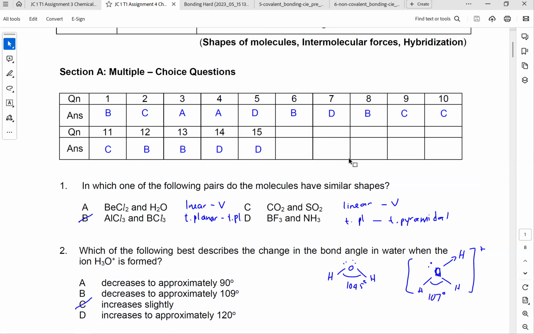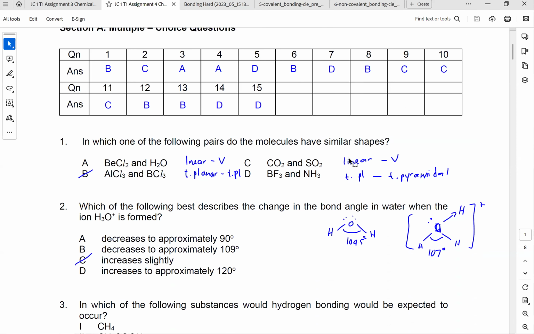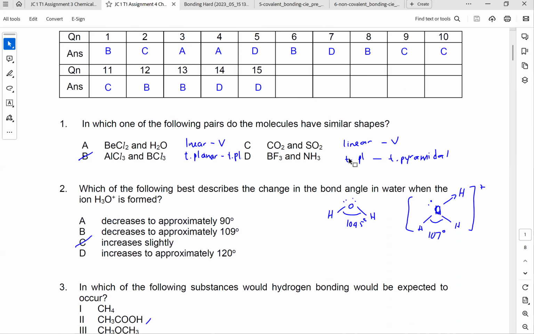MCQ, is there anything you want me to discuss from questions 1 to 5? Hello, Miss Lina. Can we do question 3? Yeah.